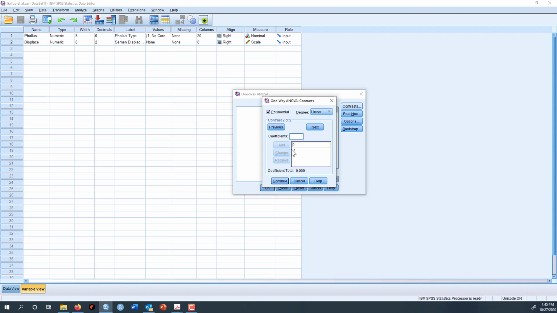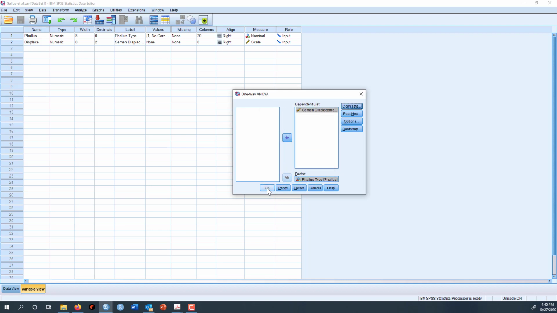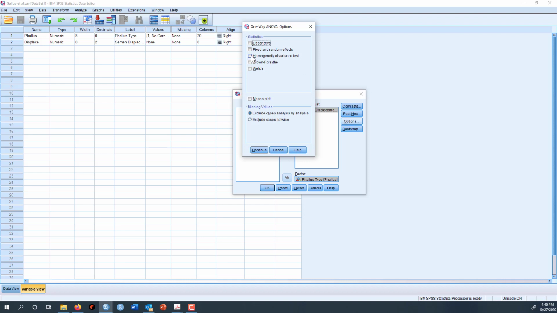So you can see that this will compare the two phallus types that have some kind of coronal ridge against each other. And this one is given no weight at all. Okay, continue. And then he suggests these options.